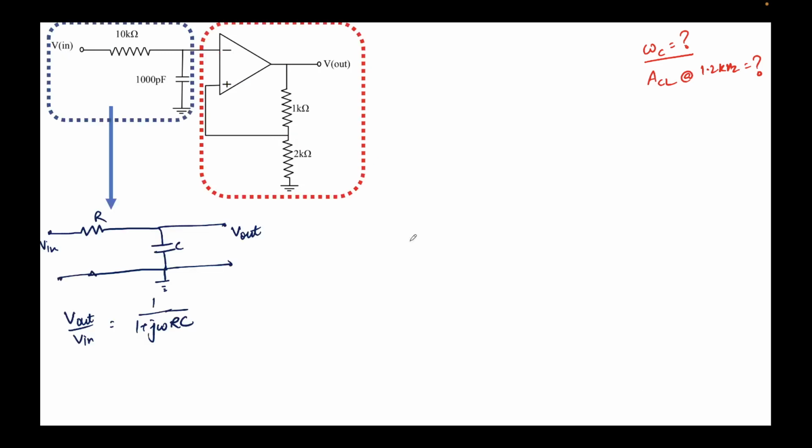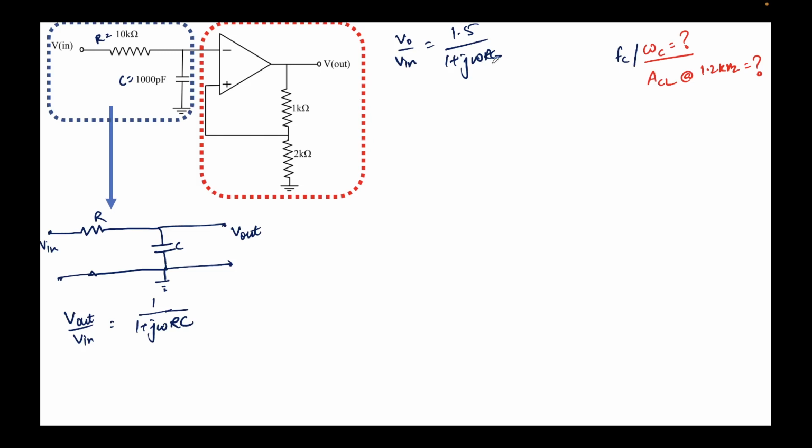So we have obtained that V naught upon Vin is equal to 1.5 over 1 plus j omega RC, where R is 10 kilo ohms, remember, and C is 100 picofarad. Now we were required to find omega C or fC, the cutoff frequency.